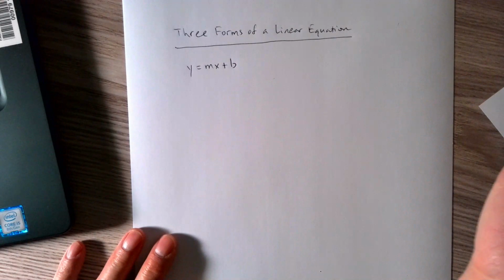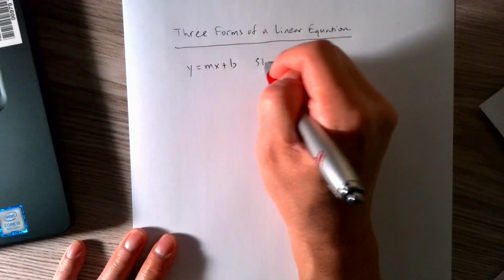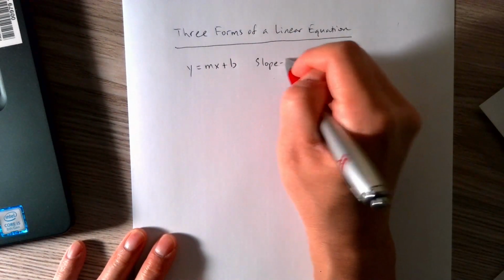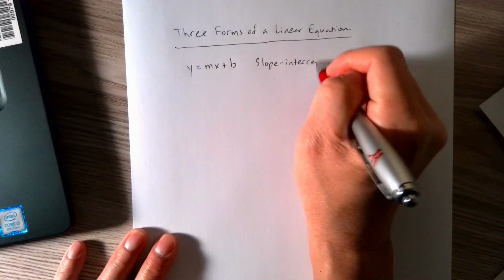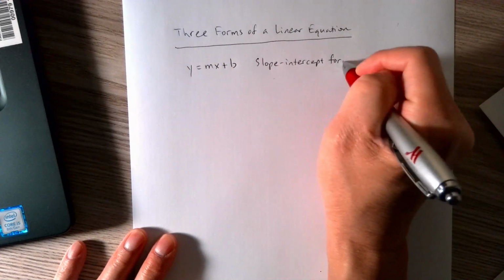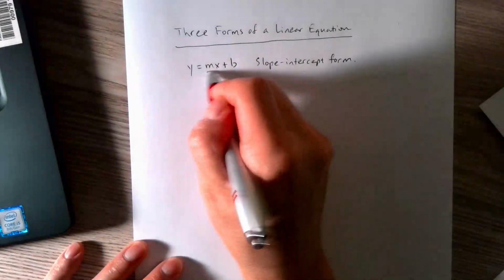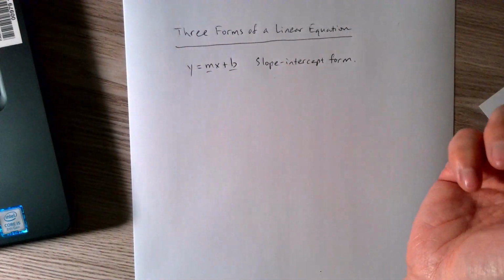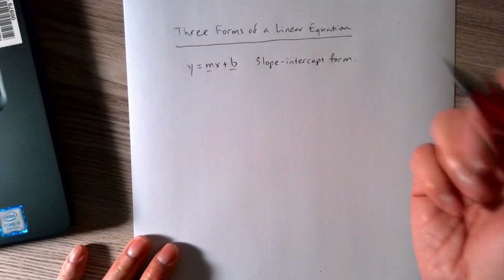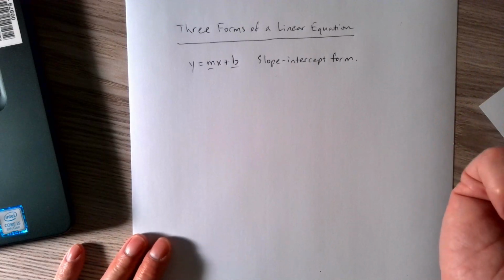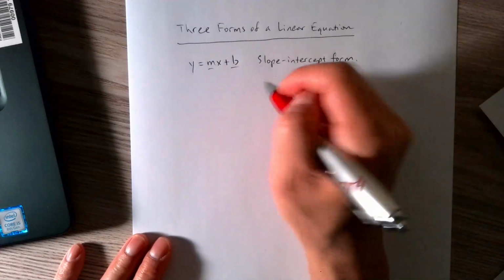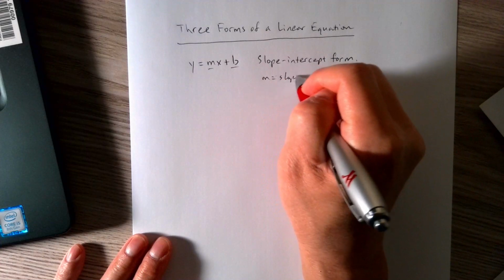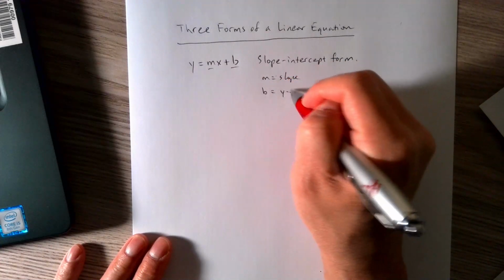But I didn't tell you what it was called. This is called slope-intercept form. And since you already know what M and B stand for, the name slope-intercept form probably makes perfect sense to you, since M is the slope and B is the y-intercept.